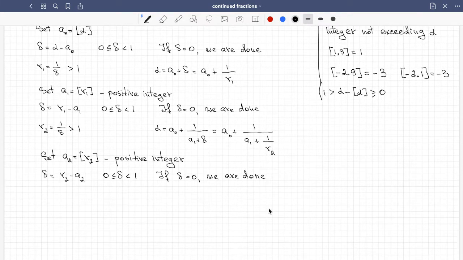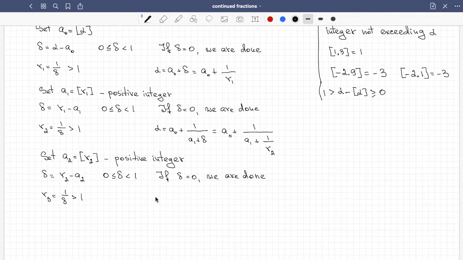Again, if delta is not 0, then we do R3, which is again 1 over delta, and this is again bigger than 1 because delta was smaller than 1. And that is our next remainder.